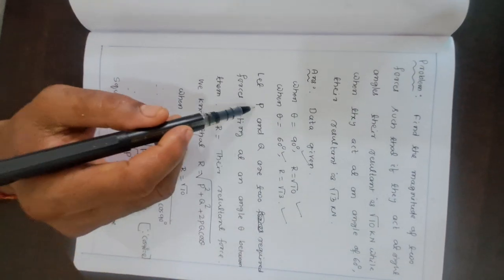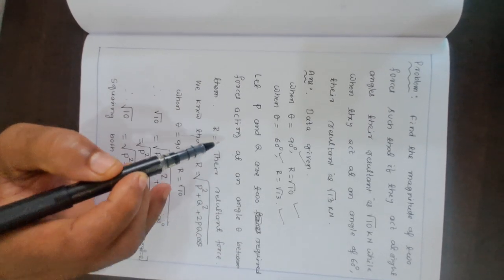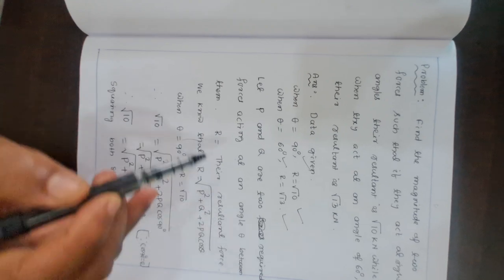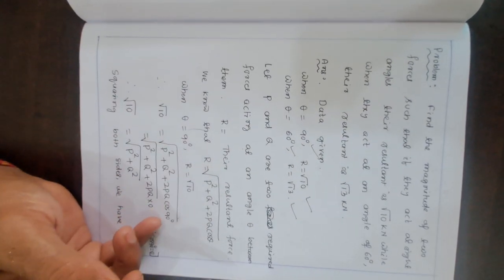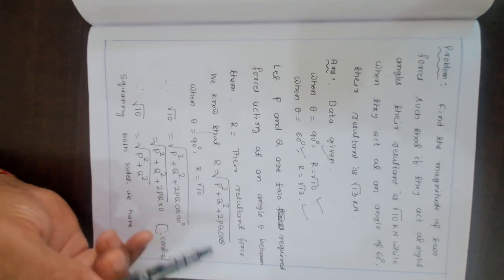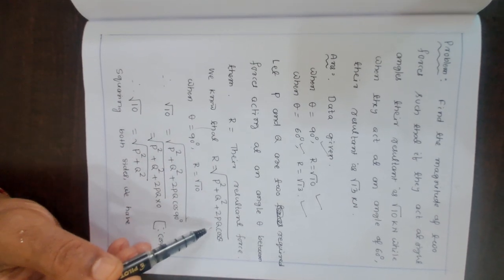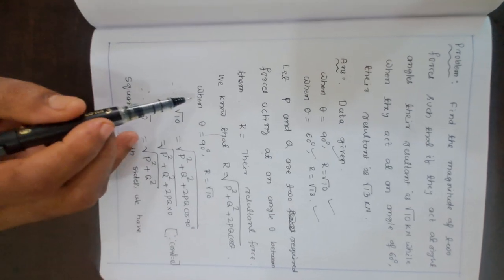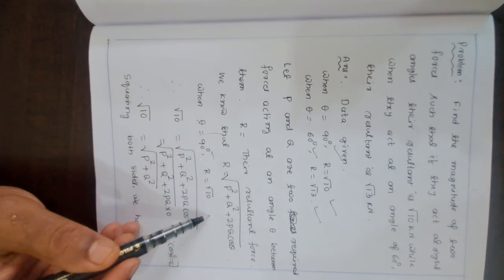Let P and Q be two forces acting at an angle theta between them. Then R is their resultant force. You know that R is equal to root over P square plus Q square plus 2PQ cos theta. When theta is equal to 90, R is equal to root over 10.